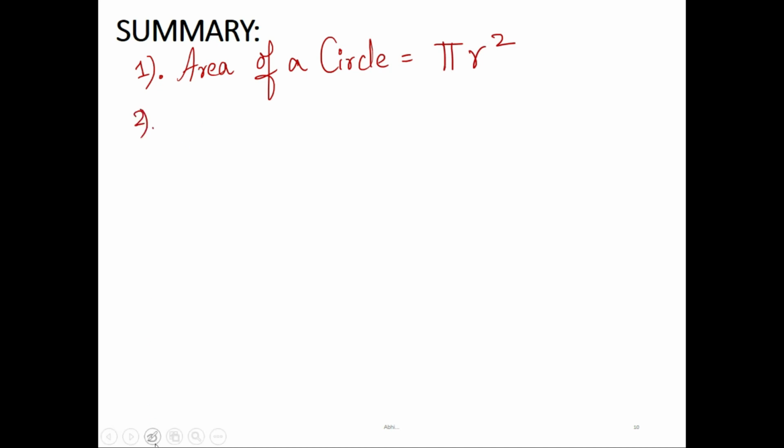A quick summary: area of a circle, pi r square. Area of a semicircle, pi r squared divided by 2.